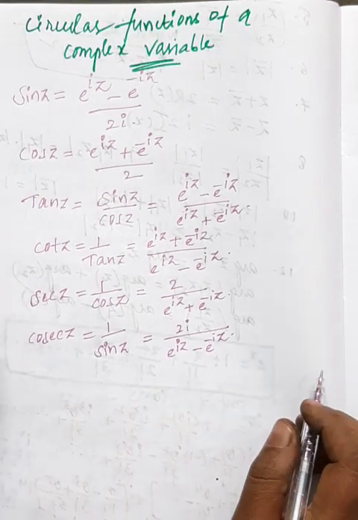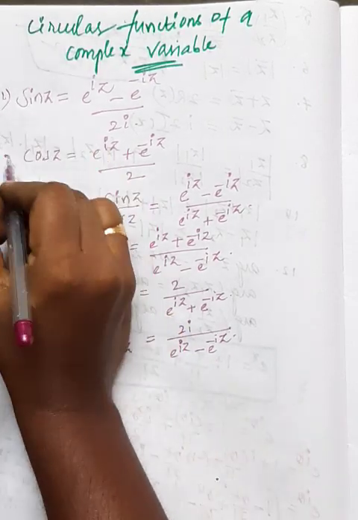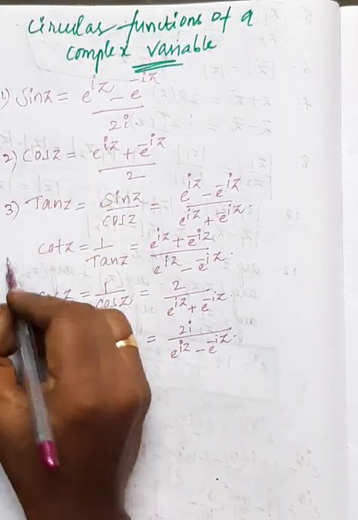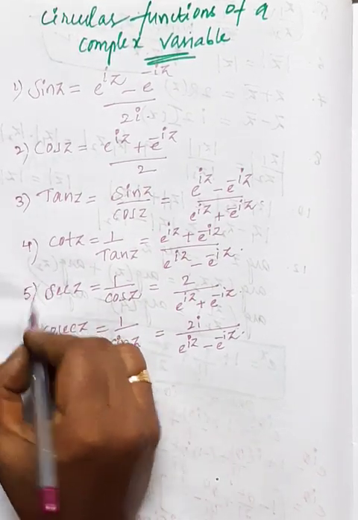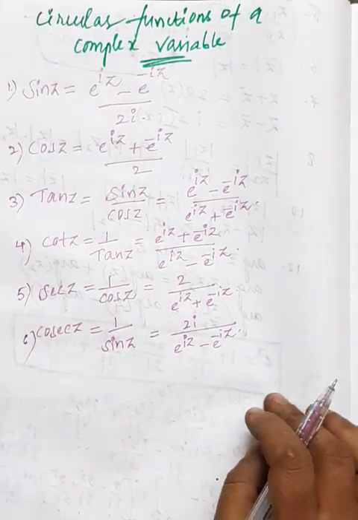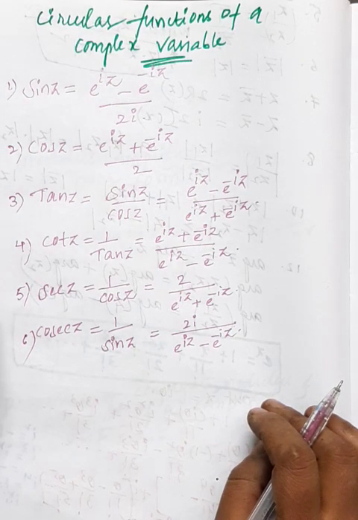It is a simple process: write the numerator in the denominator and the denominator in the numerator. So these 6, 1, 2, 3, 4, 5, 6, are the circular functions of a complex number.